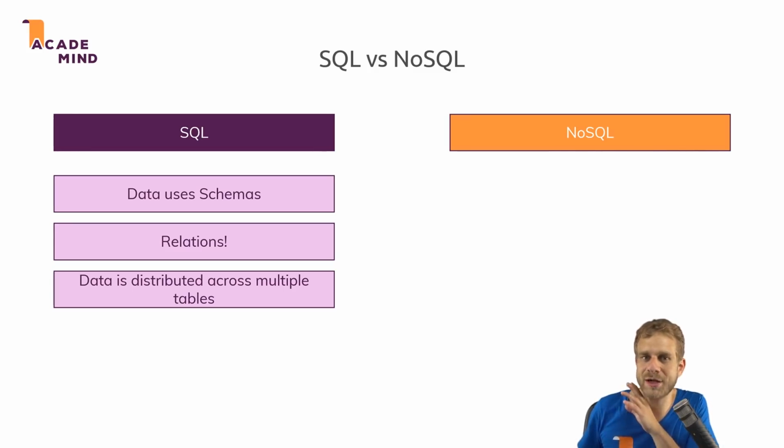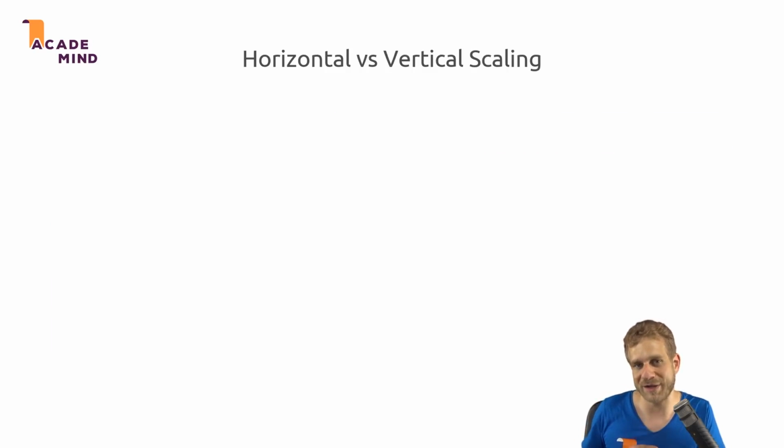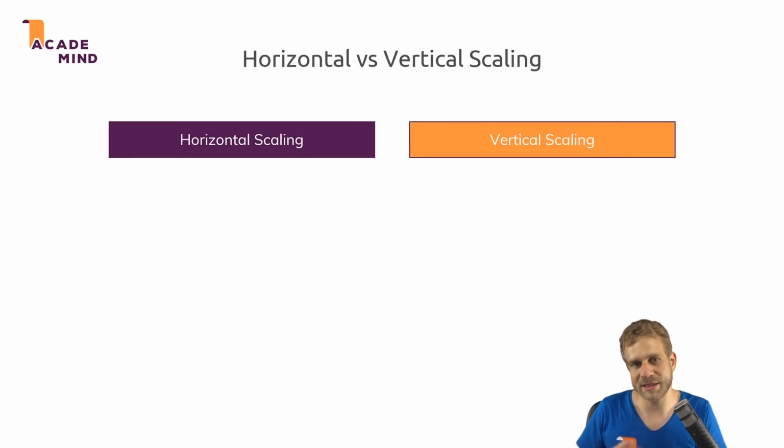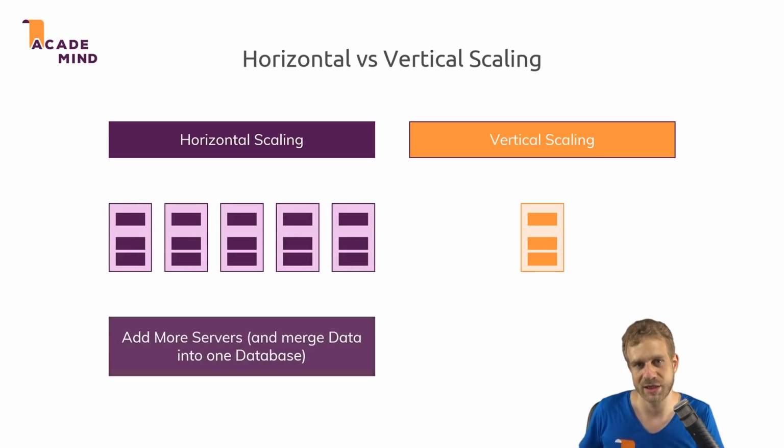We also have to talk about scaling, and we can differentiate between horizontal scaling and vertical scaling. Now, what's the difference? In both cases, let's say we have our database server. If we scale horizontally, we simply add more servers. We add more power by adding more servers. Obviously, we have to ensure that our database is split up across these servers, but we still can work with it.